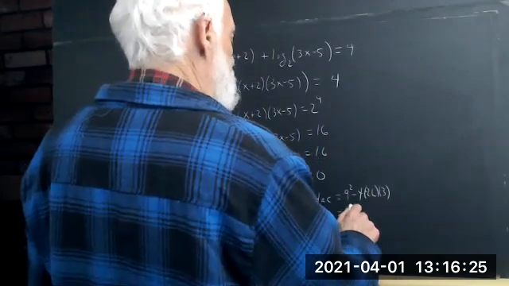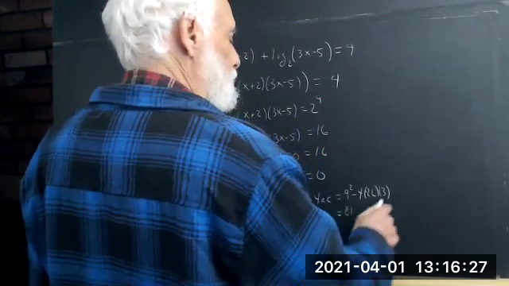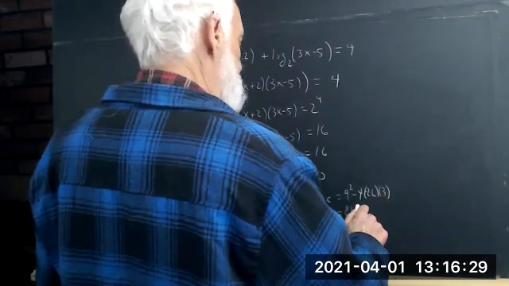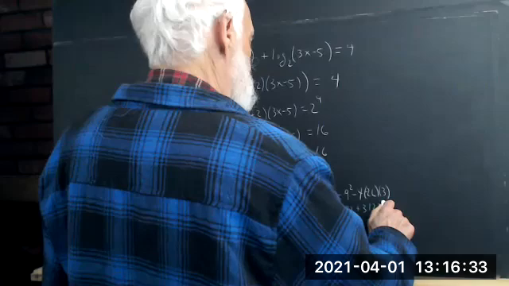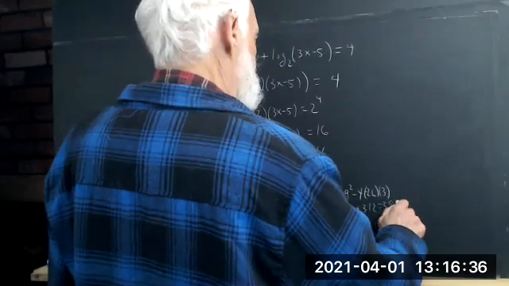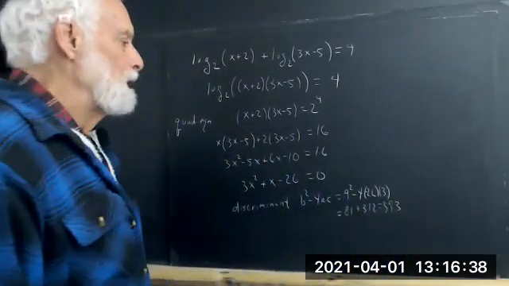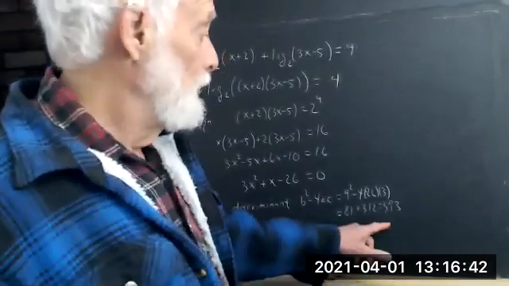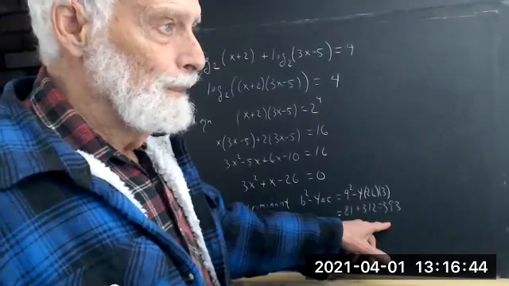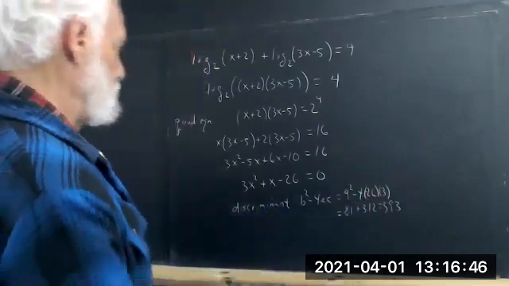That's going to be 1 plus 312, which is 313. 400 is a perfect square, 361 is a perfect square. This isn't a perfect square, so you've got to use the quadratic formula.